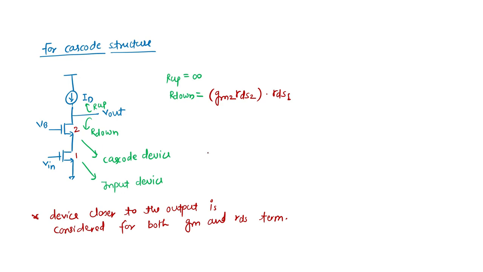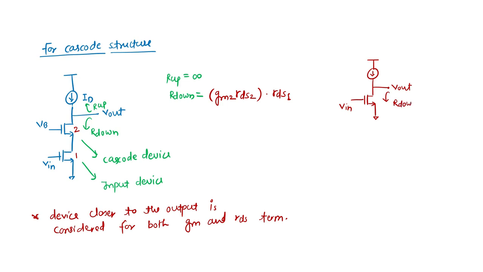So previously, when you were looking down, the output impedance was RDS1 only. In this structure, when the normal common source amplifier was there, this was the output. So what was the output impedance in that case? It is nothing but R down.